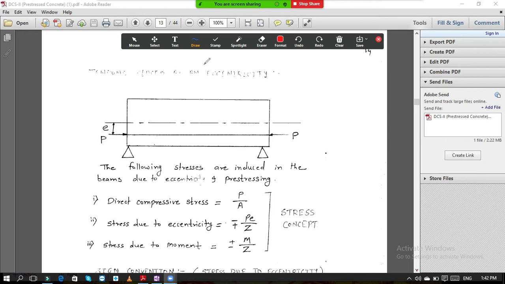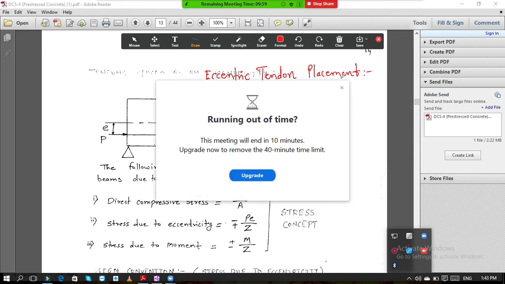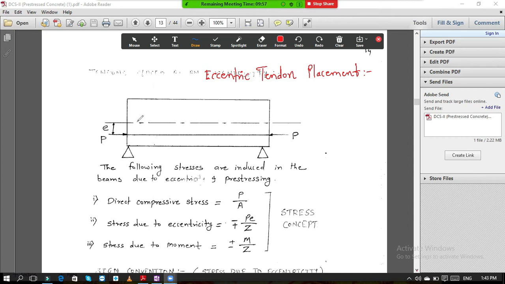Now this is the tendon placed at an eccentricity, or we can call this eccentric tendon placement. So what will we do if it is not passed through the center?